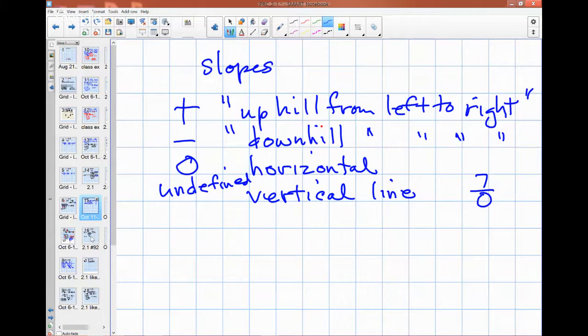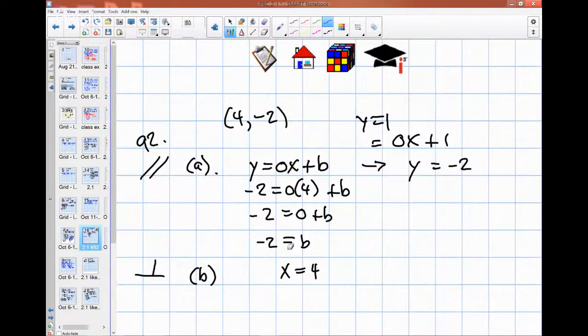Now let's go back and talk about number 92. We have the point (4, -2) and y = 1.